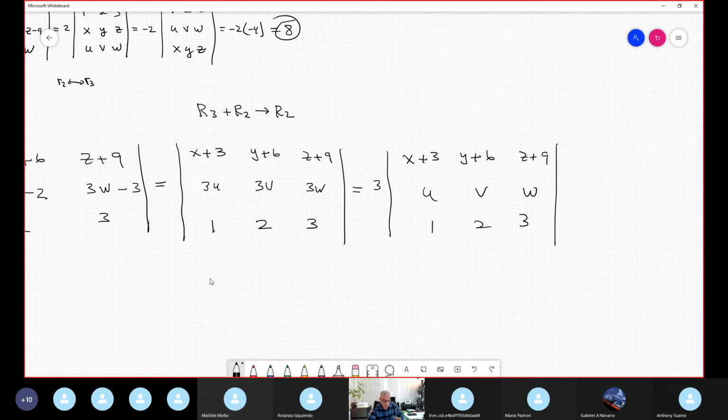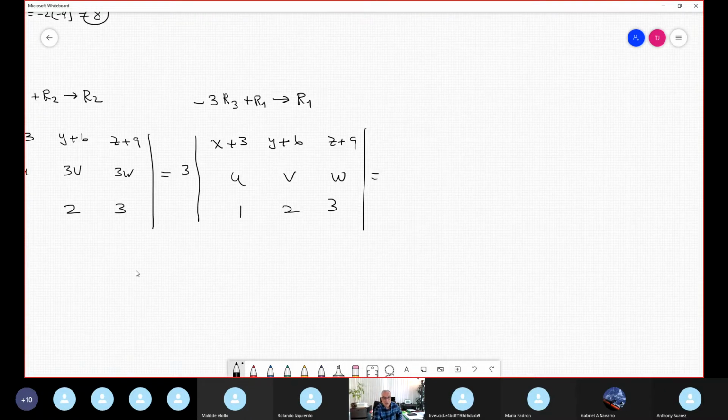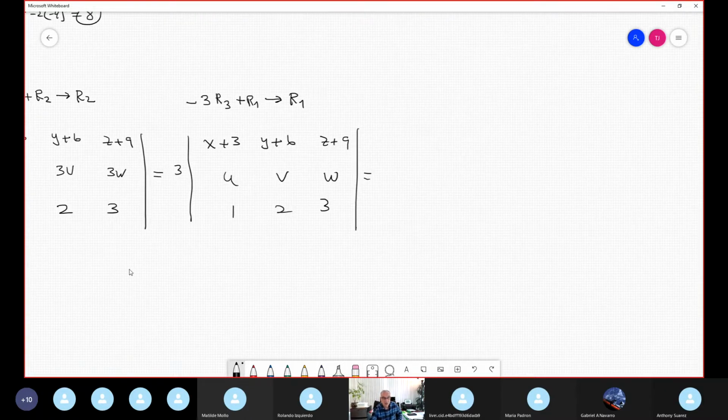Okay, I understand, but I need to remove somehow this 3, this 6, and this 9. How do you do that? A multiplication by negative 3: negative 3 times row 3, plus row 1, and store this new information in row 1. Don't forget that trick is important.